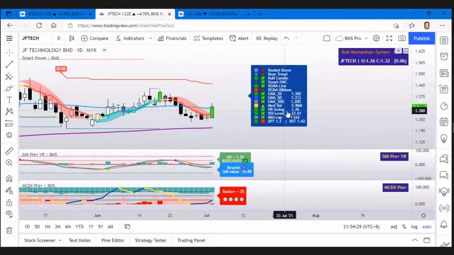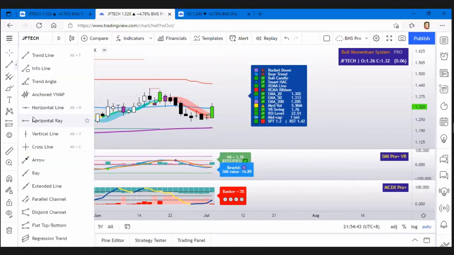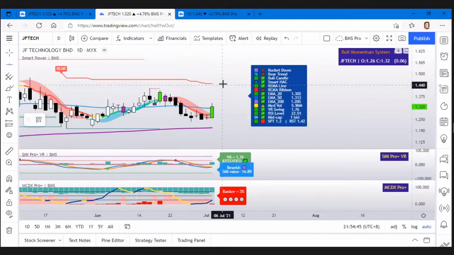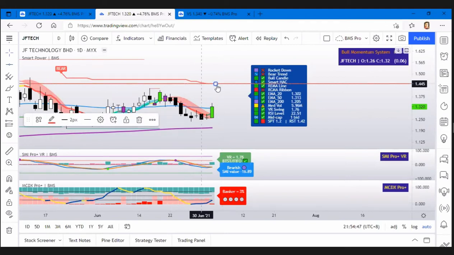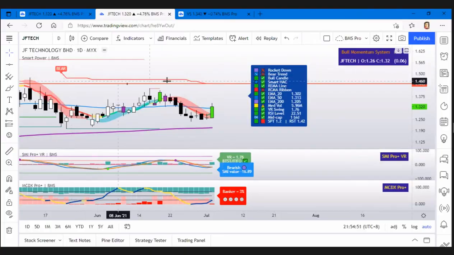The VR is 1.76, so it can still move up. That's why I plot the resistance here, TP 1.45. The next resistance for JF Tech is this red line at 1.45, because the bear resistance line is here.